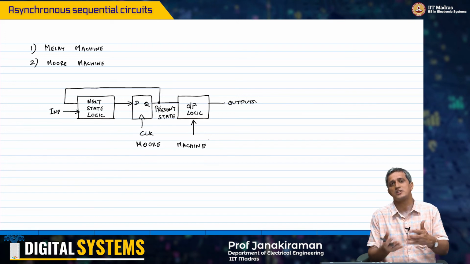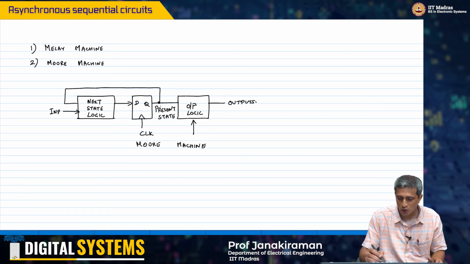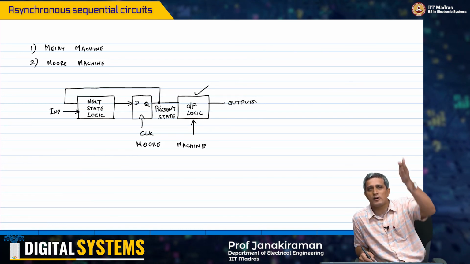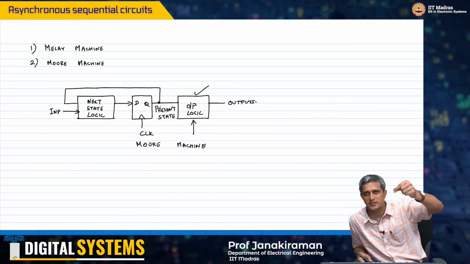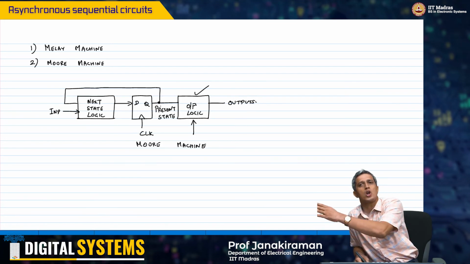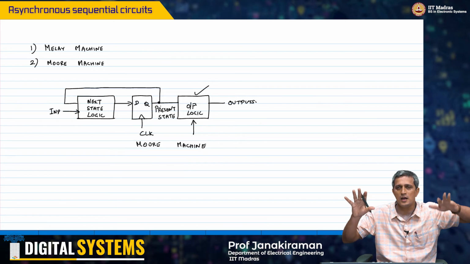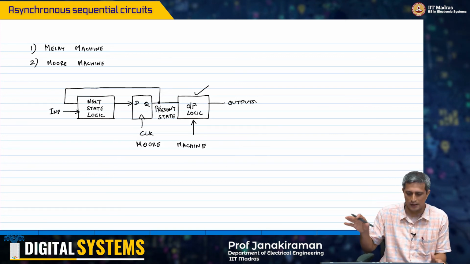And what is the advantage of this really? Because this output logic only responds to the present state, it is perfectly in sync with the clock. So something happens on the clock, the next state is then transferred to the output of the flop, and then the output logic just evaluates to some value, right? And therefore it's very easy to operate on that. You don't have to worry about setup, hold time, nothing, right?